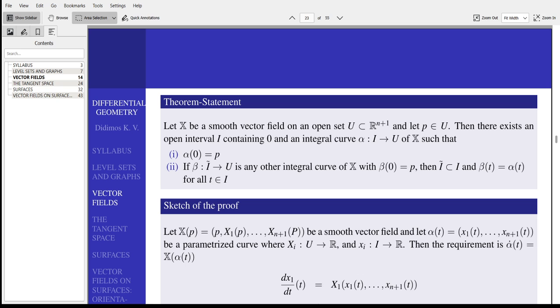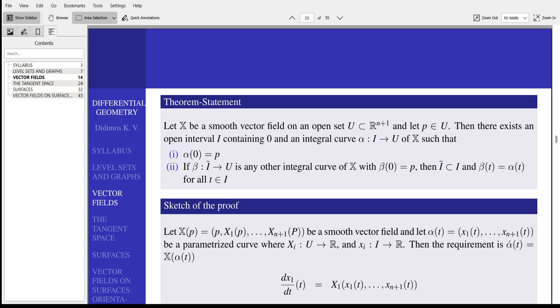From that you can say that this alpha of t is the integral curve which satisfies this condition. If there is another solution, you can consider the union of the intervals of the solutions. Then you can get the maximal integral curve, and the second condition follows. This is the idea of the proof.